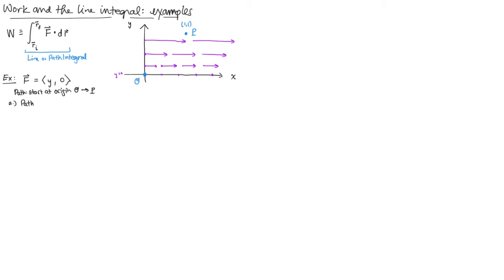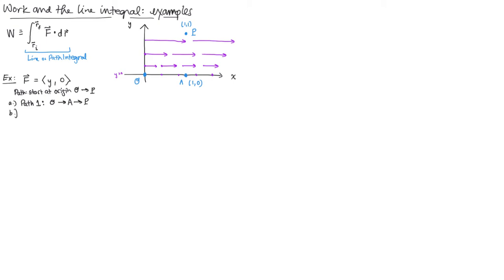Path 1 is we're going to go from O to P via point A. Point A is 1, 0. So path 1 is origin to A to P in straight line segments.